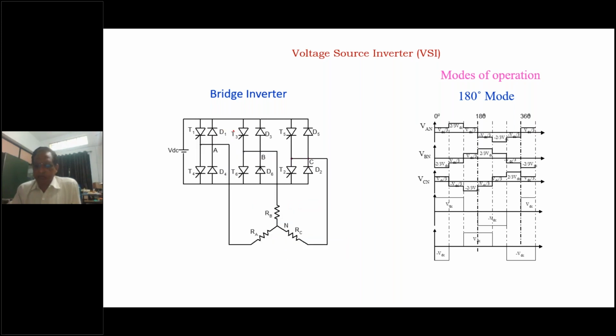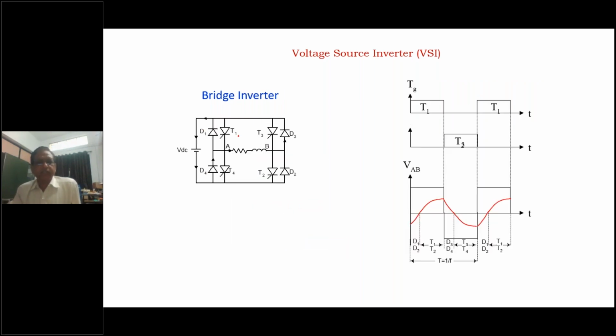In the positive half cycle, simultaneously T1 and T2, these 2 switches, are on, and in the negative half cycle, T3 and T4 are on.